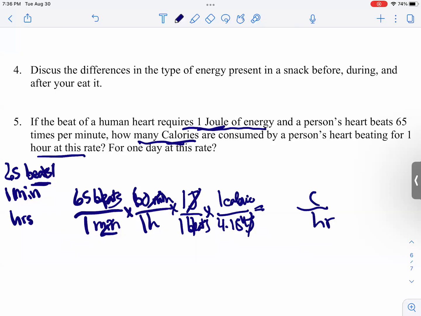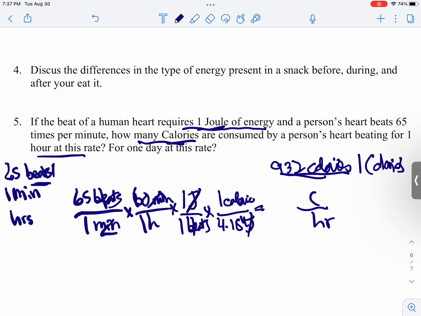If you work out your math, you're going to be somewhere in the ballpark of 900-something lowercase calories. So with this, we almost have 1 uppercase calorie.